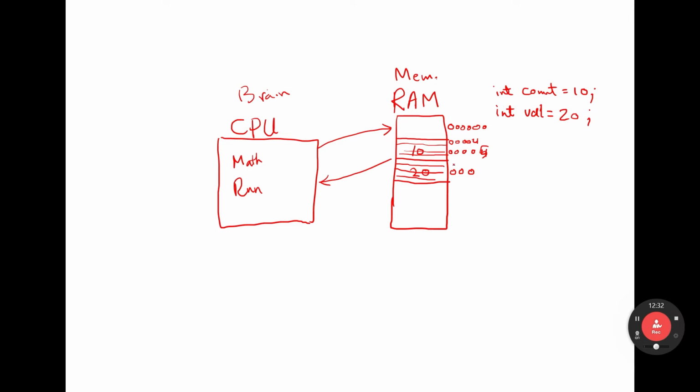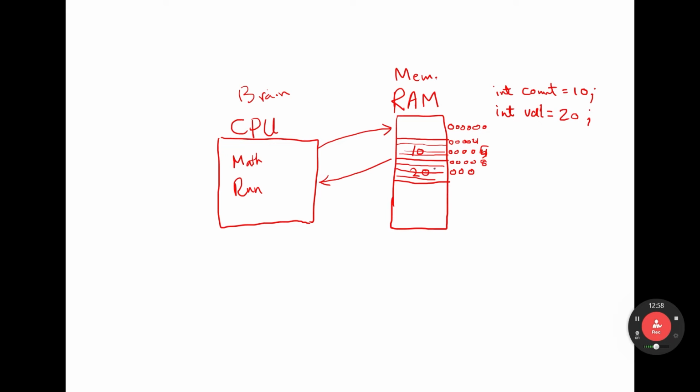in the memory, and those 4 bytes start from 00008, okay? Why 8? Because from 4 to 7 are used for this one. So 4, 5, 6, 7, all of those addresses are used for a variable count, okay?